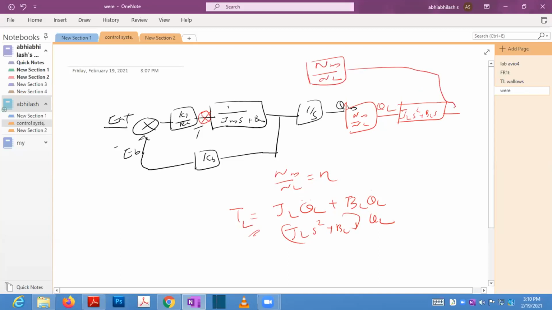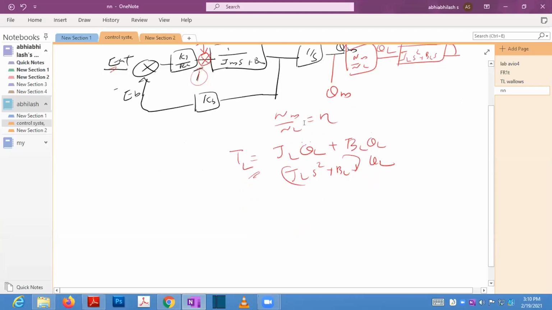So this is torque conversion. This is subtracting here because the motor is developing all the torque, so this torque is used for the external load also. So this is theta M, and this is EA. And here Nm by Nl, this torque is converted back to the motor side.